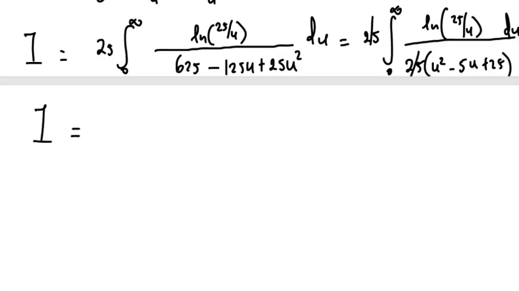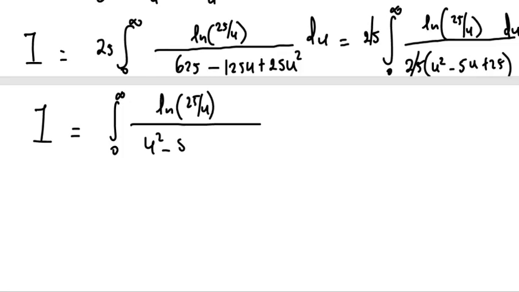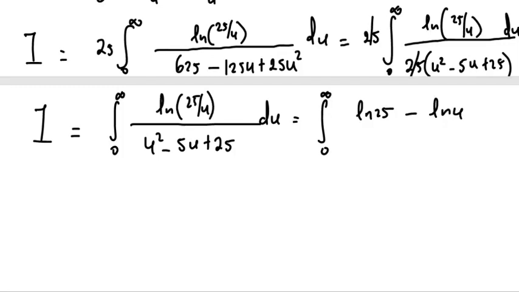Therefore our I will be equal to the integral from 0 to infinity of the natural log of 25 over u, divided by u squared minus 5u plus 25. With the property of logarithm, the numerator is going to become the natural log of 25 minus the natural log of u, then divided by u squared minus 5u plus 25, and then du.